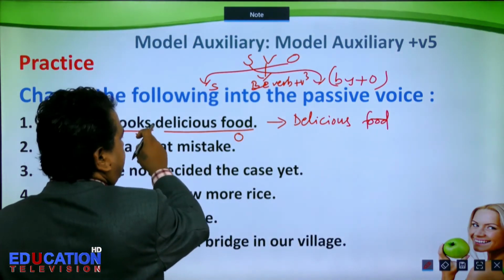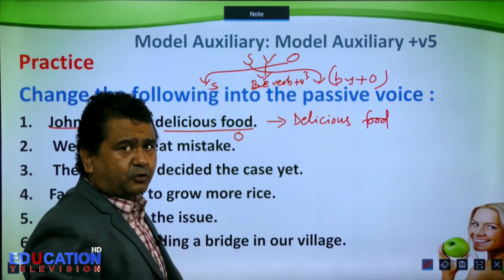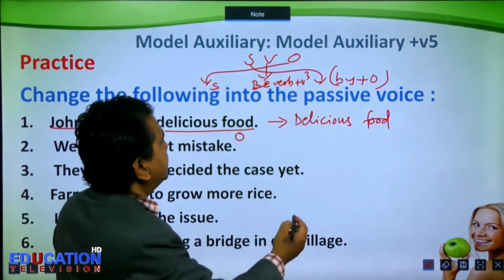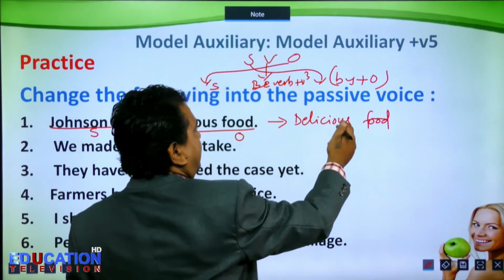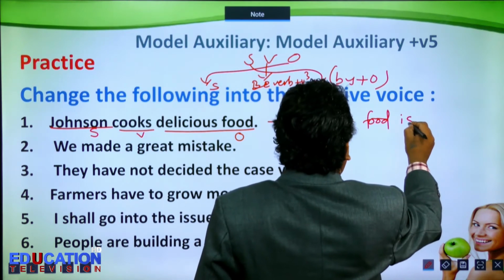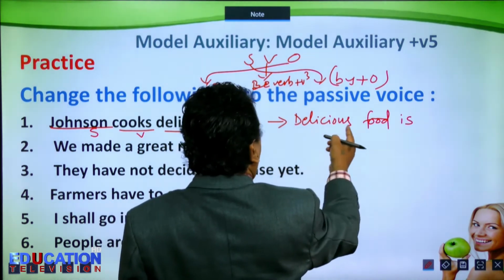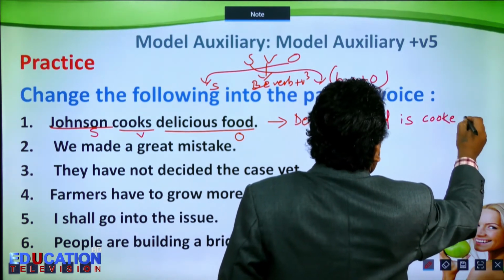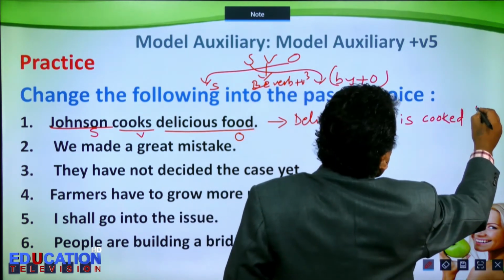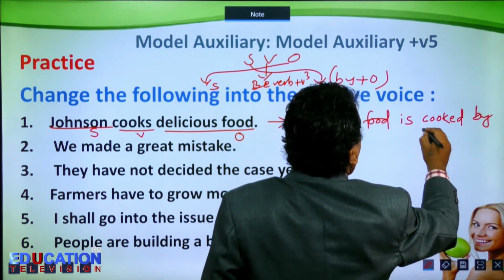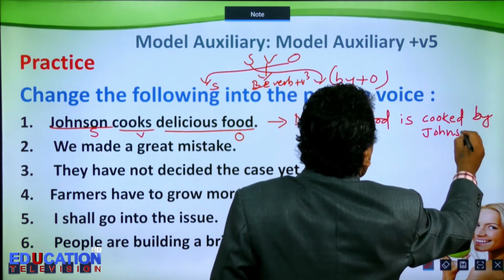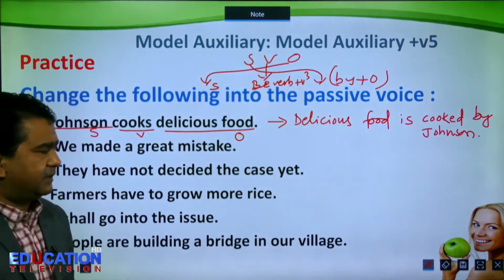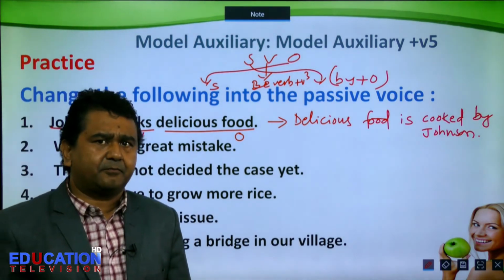Cooks. This is V5, so is, am, are. Delicious food is subject. This is singular. So is. Delicious food is. V3 of cook is cooked by Johnson. Finished. Delicious food is cooked by Johnson.